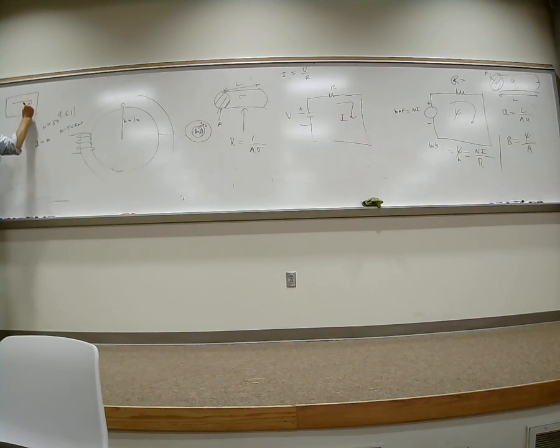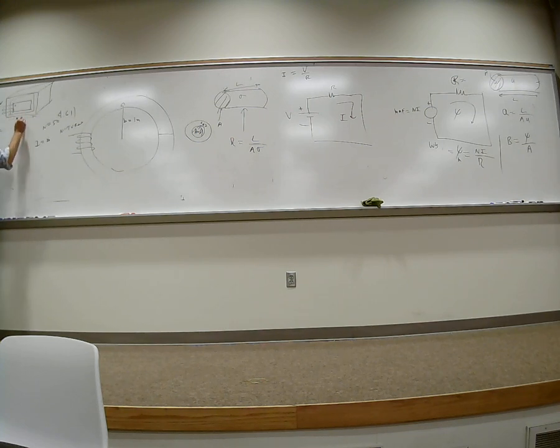You'll see a rectangular block like this, and it'll have a given cross-sectional area. Without getting into all the details, you're going to have N turns here, and each one of these turns has a current I. This block has a total length around it. What they'll say is the reluctance of this is going to be the total length.